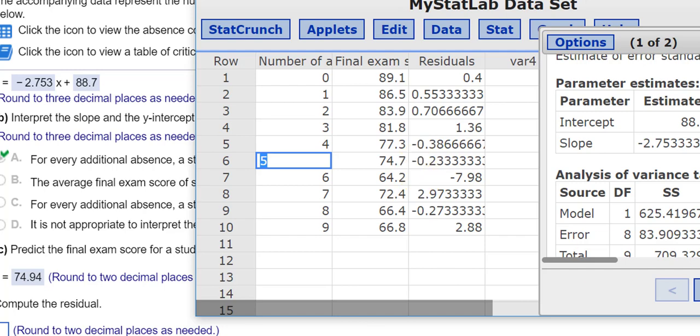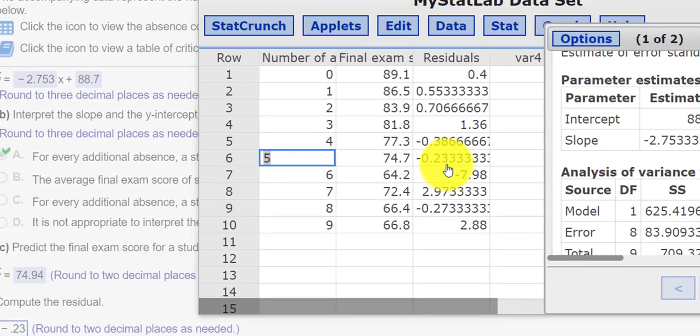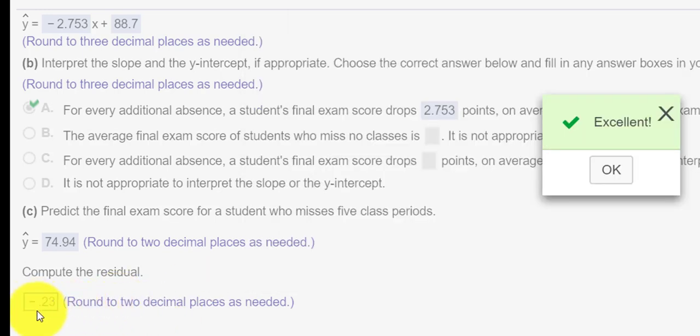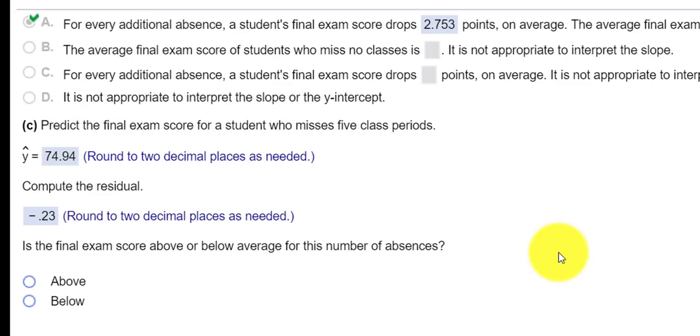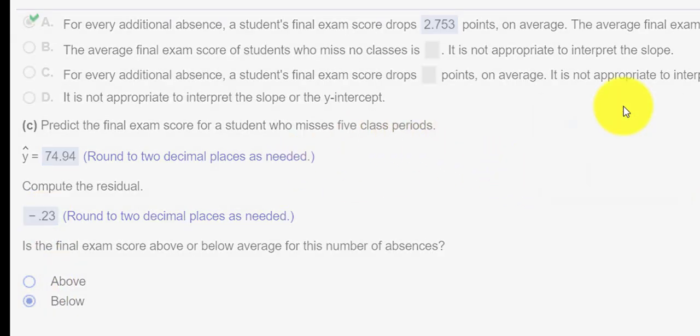Okay, and it does say round to 2 decimal places, right? Yeah, negative 0.233, for someone who missed 5 classes. And I see negative 0.23. There's my OK, and we're looking good. And then I guess the final exam score is going to be below because it's negative, right? And we get a fantastic.